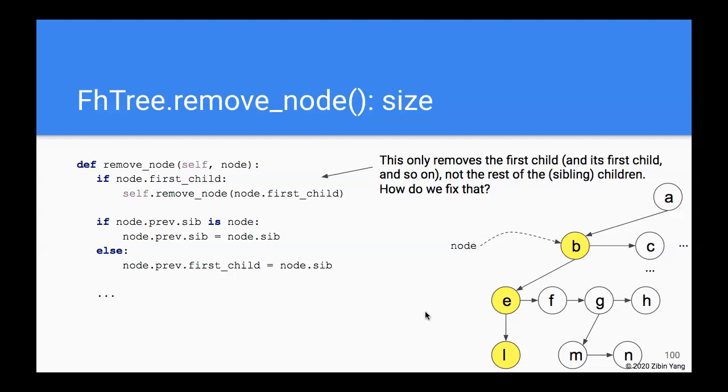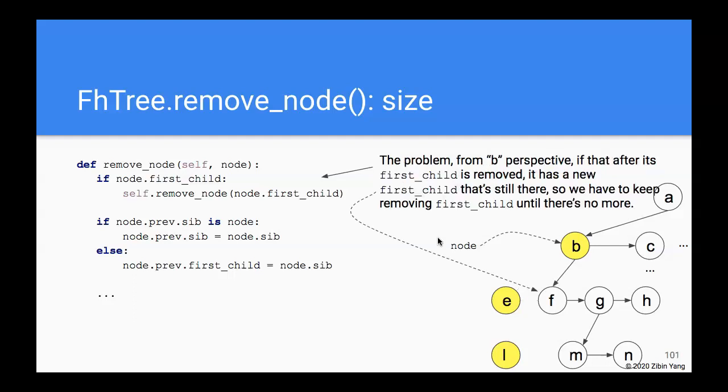So to fix the problem, we have to understand what caused it in the first place. In this case, the problem is that, let's say we're removing node B, and we are done with the recursive call.